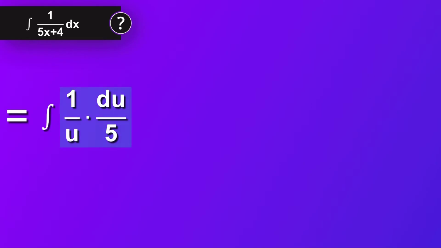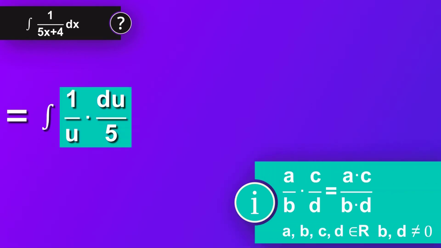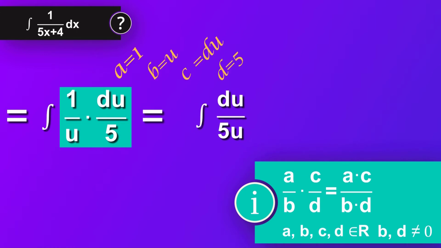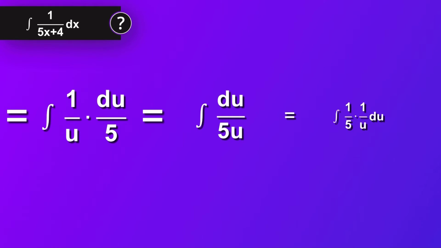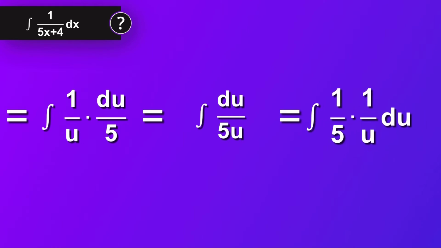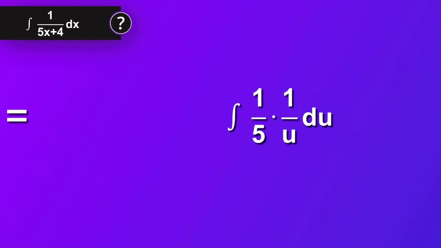Next, we can multiply the expression in the numerator and the expression in the denominator. We've got the integral of du divided by 5u, which we can write as the integral of 1/5 multiplied by 1 divided by u by du.